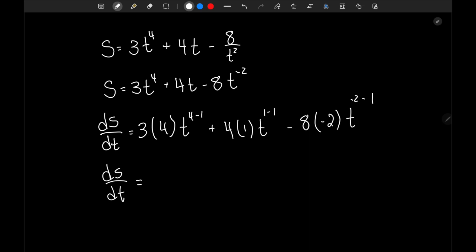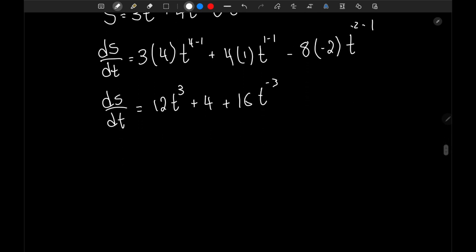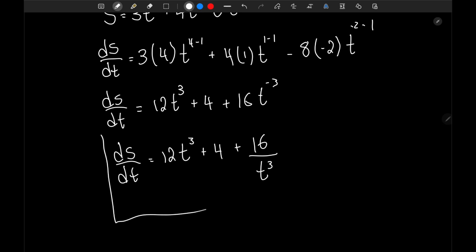We have 12t cubed plus 4t to the 0 is just equal to 1, so we just have 4, and then minus 8 times minus 2 is positive 16, t to the minus 3, and then we can rewrite this with no negative exponents. And there's our final answer.